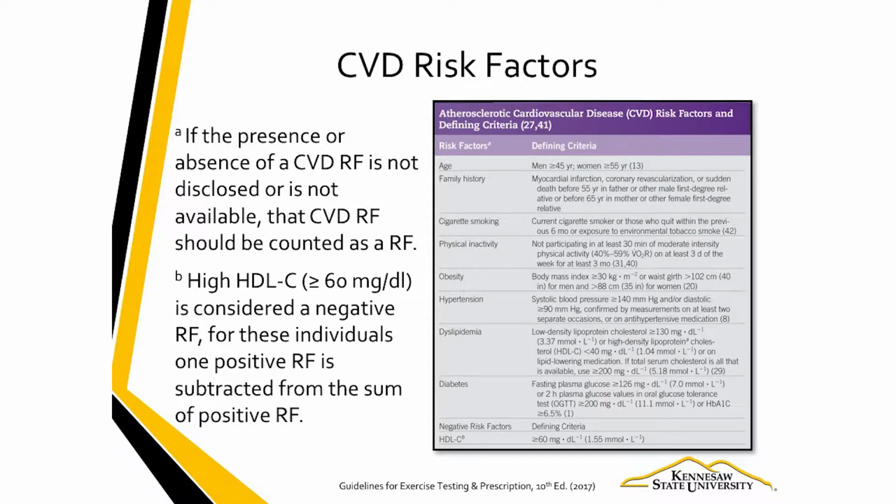And as you are aware, we know what the risk factors are: obesity, age, family history, hypertension, pre-diabetes or history of diabetes. Those are all risk factors we need to be aware of when we create an exercise program, whether it's high intensity or moderate intensity, it really doesn't matter. We really want to understand who the individual is that we are working with.